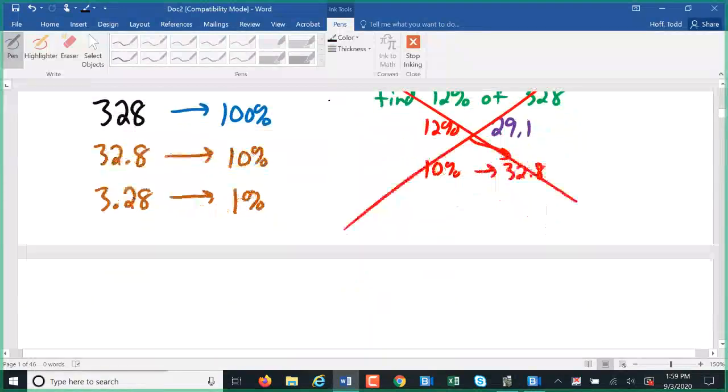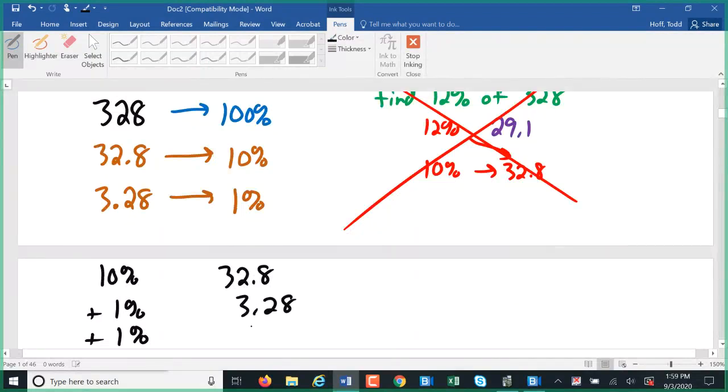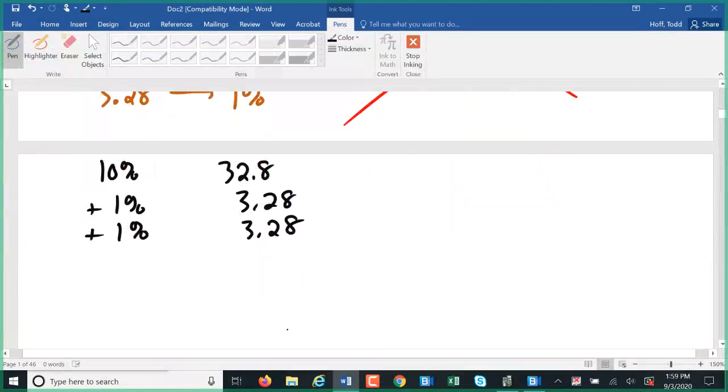Well, the benchmarks can actually be used to find that 12%. If I wanted to find 12%, I could write that as 10% plus 1% plus 1%. We know 10% was 32.8, 1% is 3.28, and another 3.28. If I add those up, well, 10 plus 1 plus 1 is 12%.